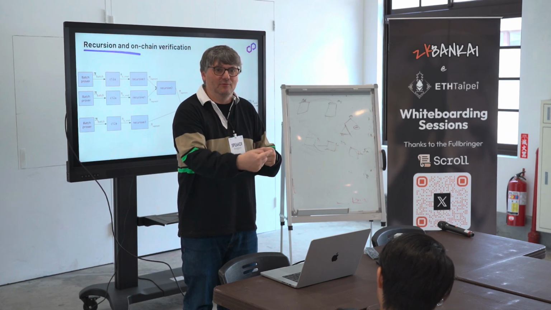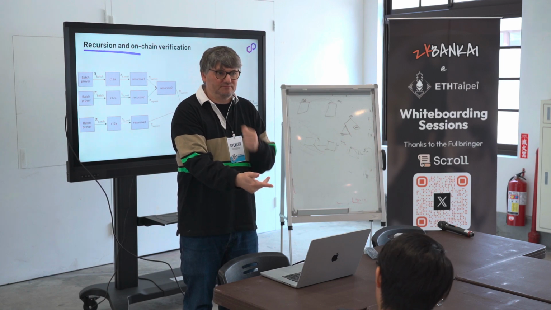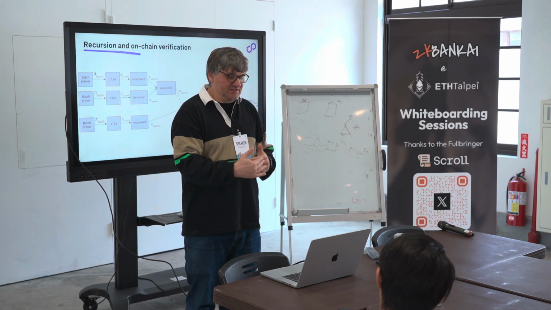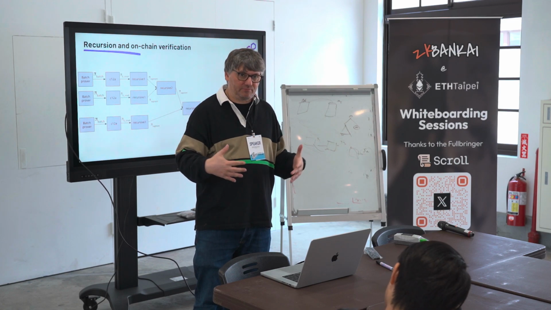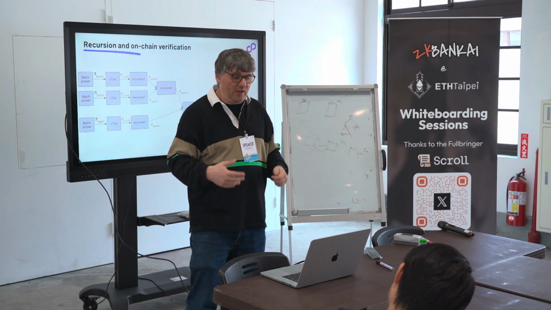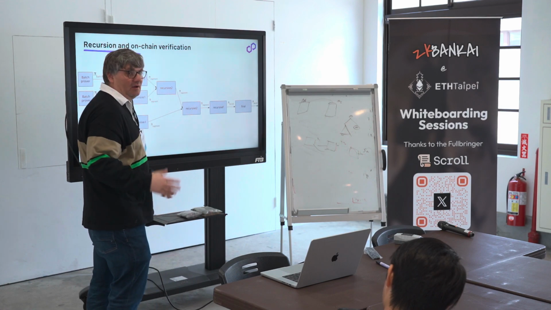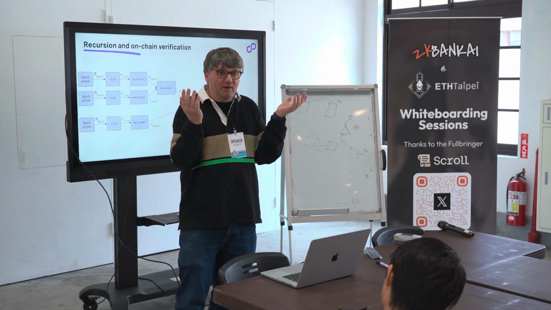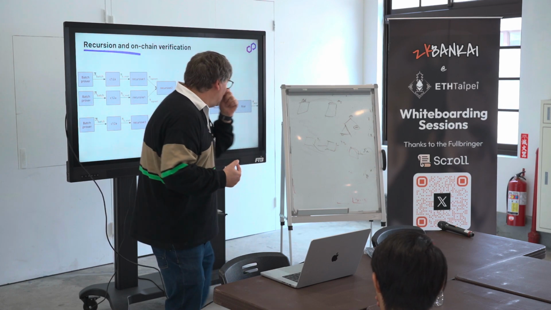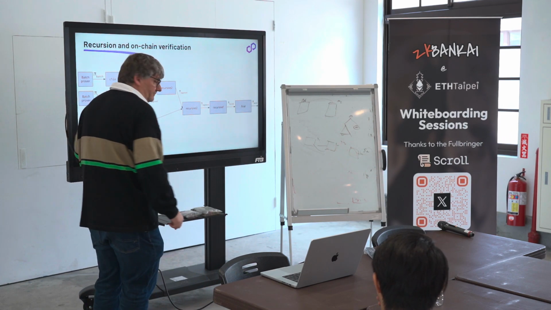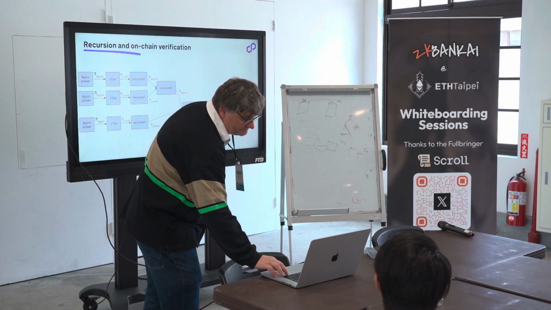That means you need to do a couple of steps, but that's just for compression. Why? Because for the recursion part, I want to work with a relatively small proof, a proof that's easy to generate.